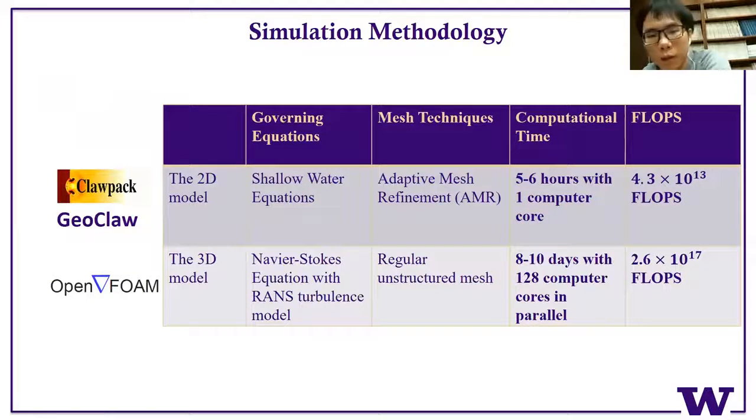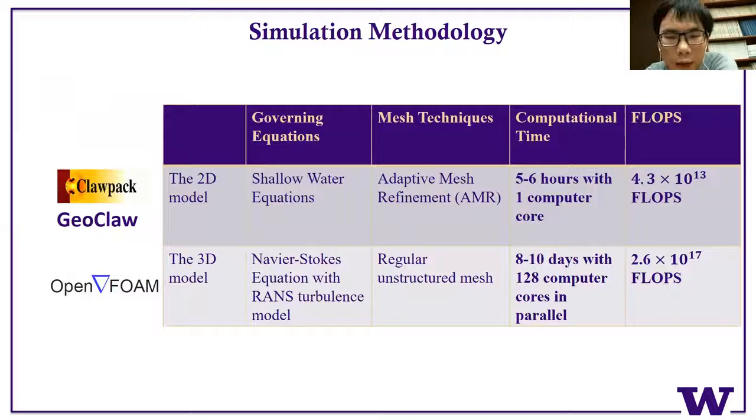For the 2D model, we solve the shallow water equations, and we use a package called GeoClaw, which is a sub-package of ClawPack developed by Randall LeVeque at the University of Washington. Specifically, we use a mesh technique called adaptive mesh refinement, which refines only the places where we need higher resolution, and it automatically regenerates the grid every several time steps.